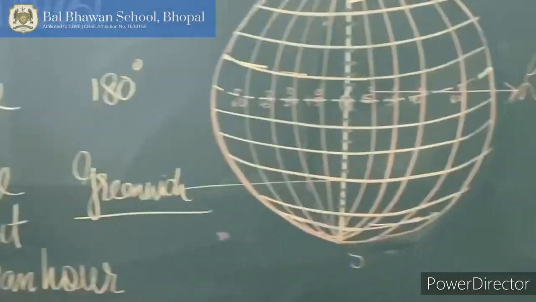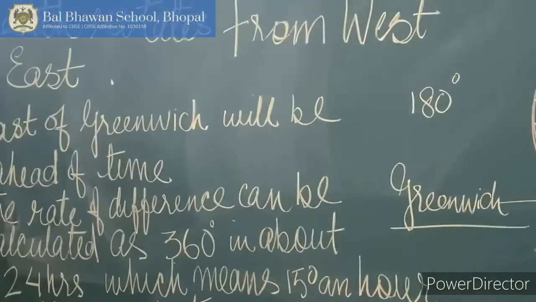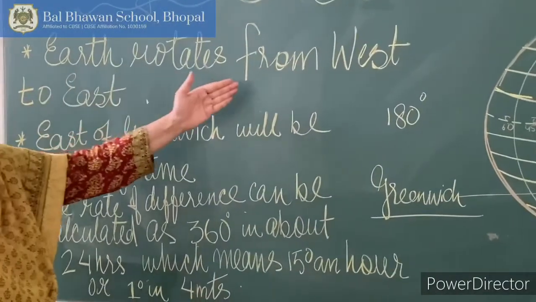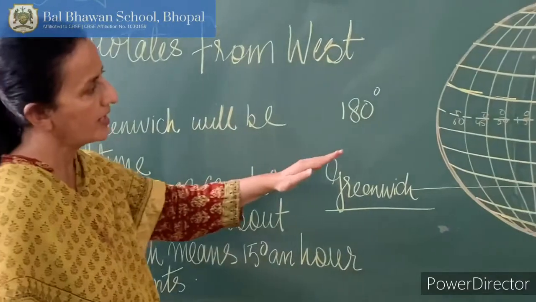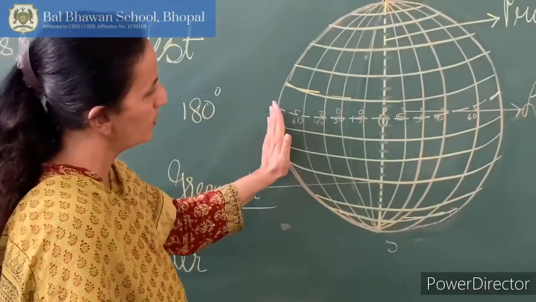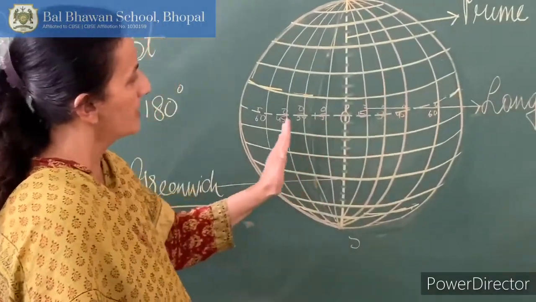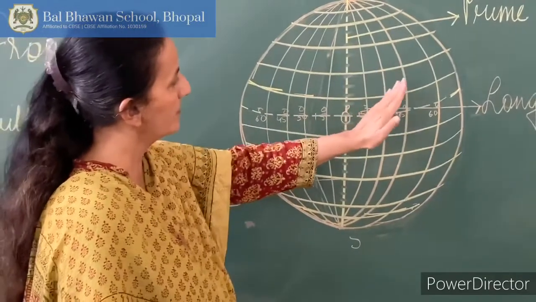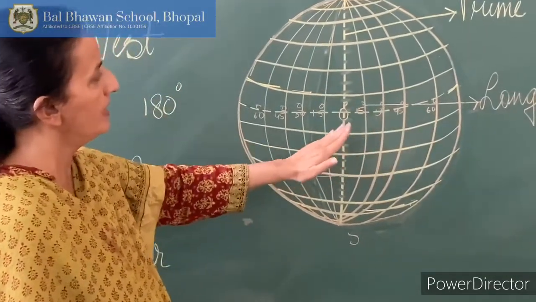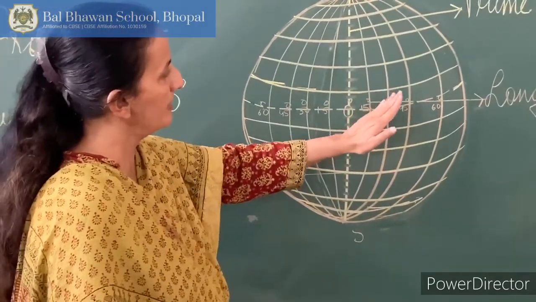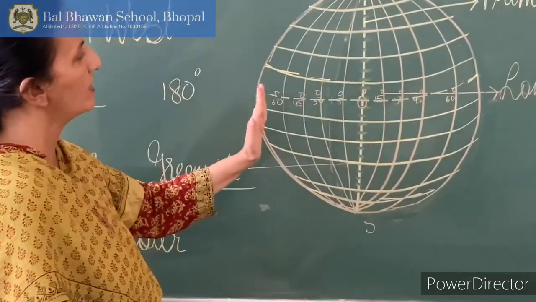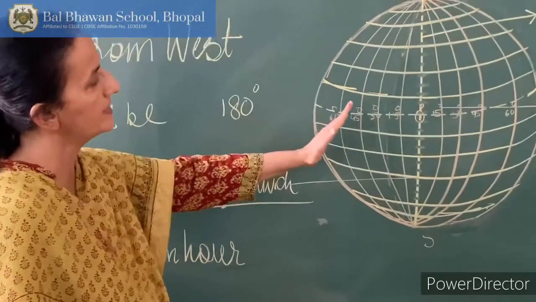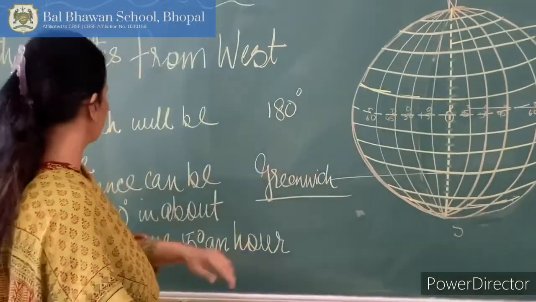As we know, the earth rotates from west to east. The countries in the eastern side will have time added, whereas the countries in the west will have time reduced.